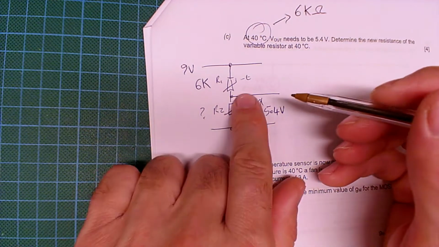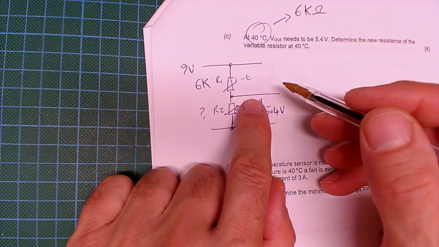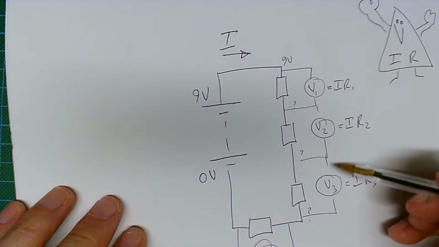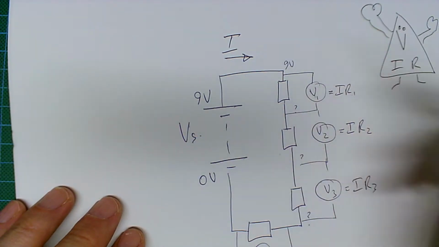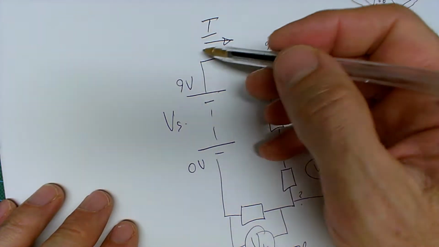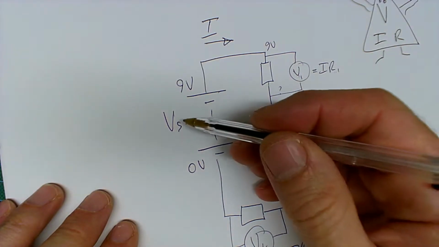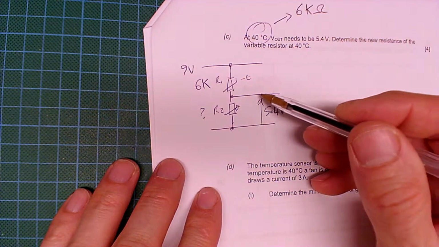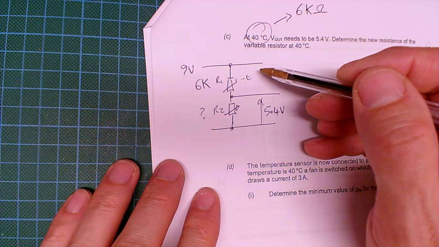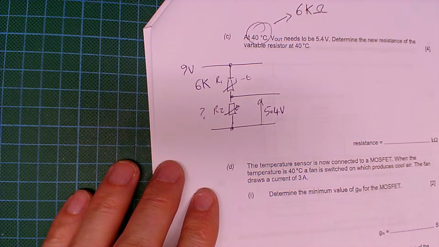If you remember, I said that the sum of all of these voltage drops around the circuit will equal the supply voltage, Vs or Vin. If all of these add up to this, if we know the input voltage and we know this voltage drop, then we should be able to calculate that voltage drop.